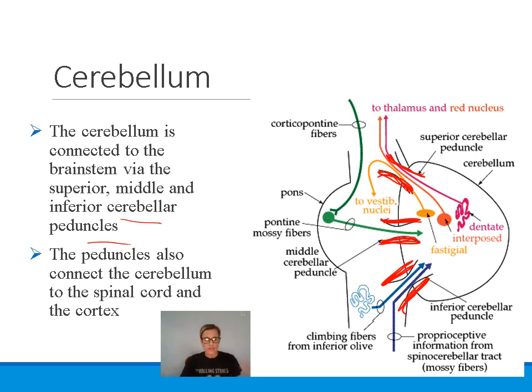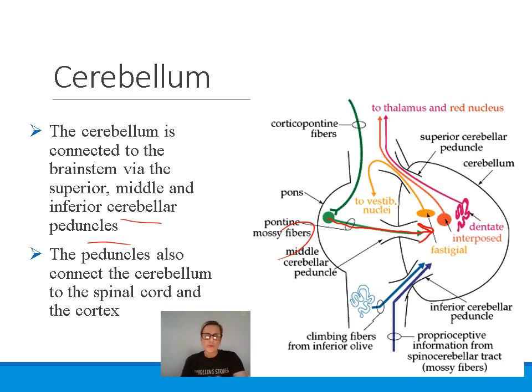Inside these peduncles, there's white matter, right? So there are axons, tracts that are going in and out of the cerebellum. The peduncles are physically attaching the cerebellum to the brainstem, but there are also functional connections. There are axons or tracts that travel between the cerebellum and the pons, for example, these pontine mossy fibers you see going from the pons into the cerebellum.